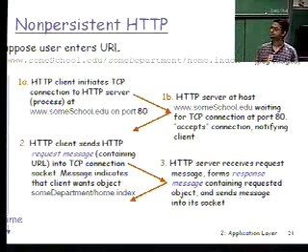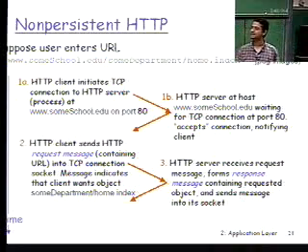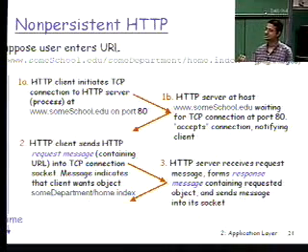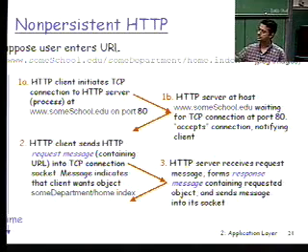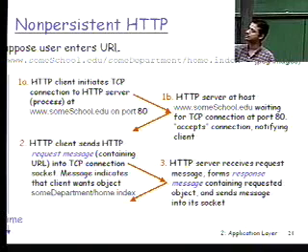So non-persistent HTTP: this is the process. The client will initiate a TCP connection to the HTTP server. The HTTP server will accept the connection and will send a response message back which contains the requested object. The requested object was the home page of some department, home.index.